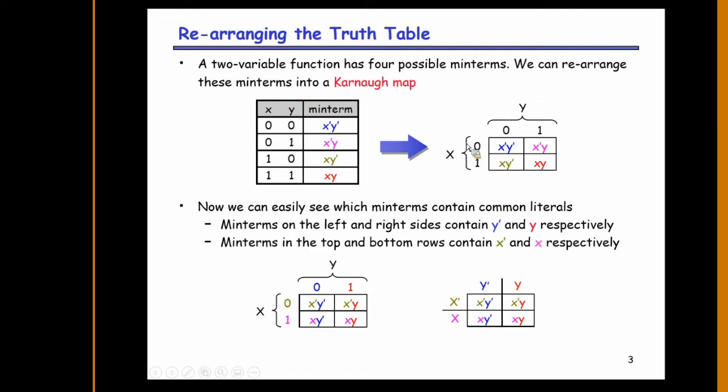We have a big square that is divided into 4 equal parts, and each square is called a binary cell. In this binary cell we are going to map. Mapping is nothing but placing your functional values in the corresponding minterm or maxterm cells.